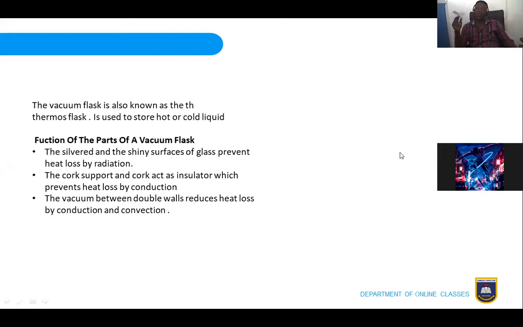But when you wear white, the amount of heat absorbed is less compared to the black body. Black absorbs heat more than white. So if you take a shiny surface and a black body and apply the same amount of heat to the two, the heat absorbed by the black body will be more compared to that of the shiny surface.